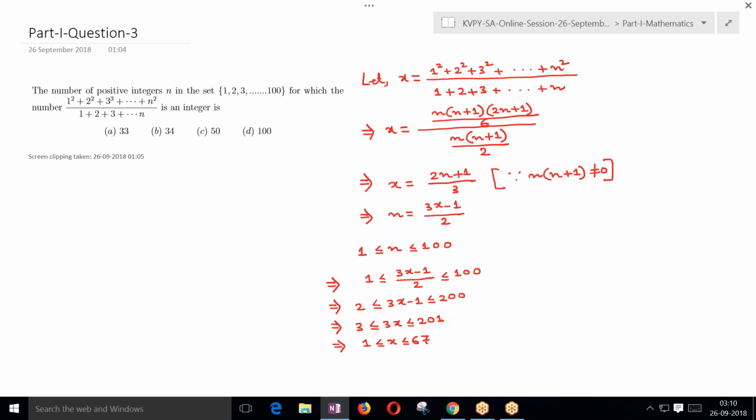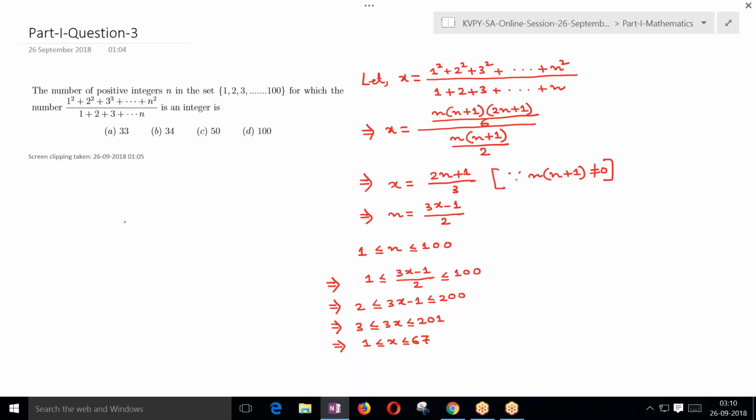Now, one thing we should notice from here is that x has to be an integer. Not only that, x has to be an odd integer. How do we know that x has to be an odd integer?